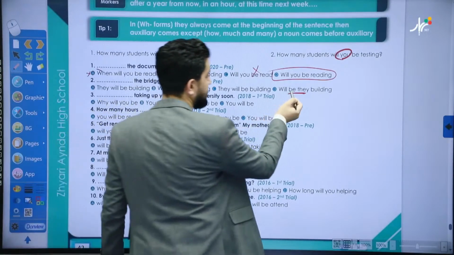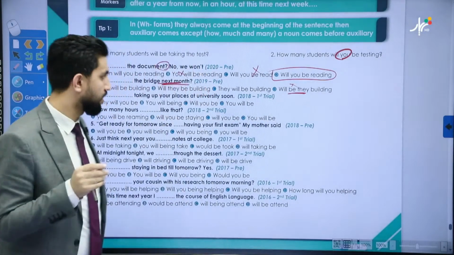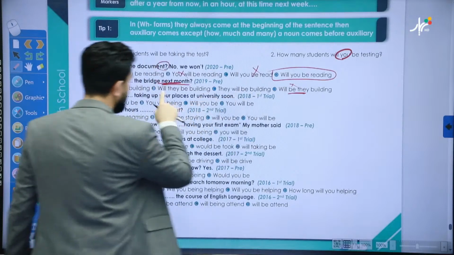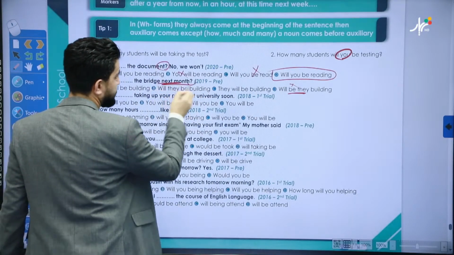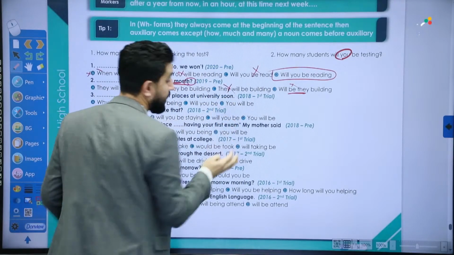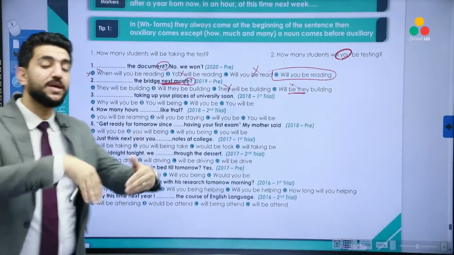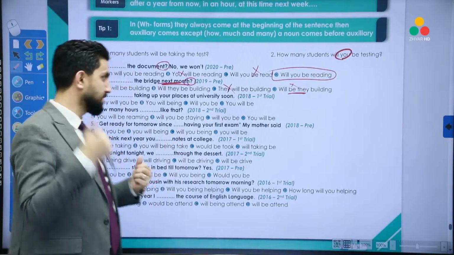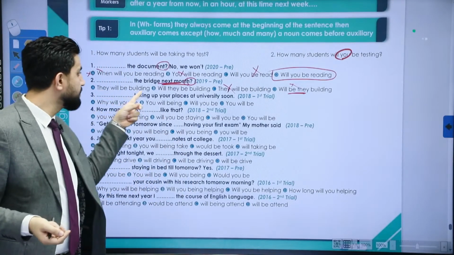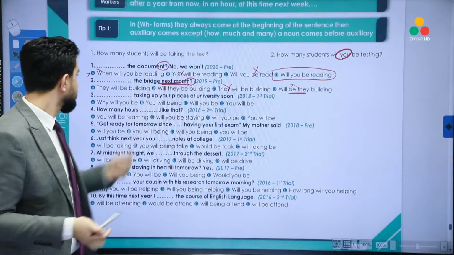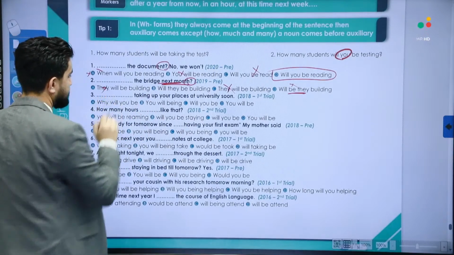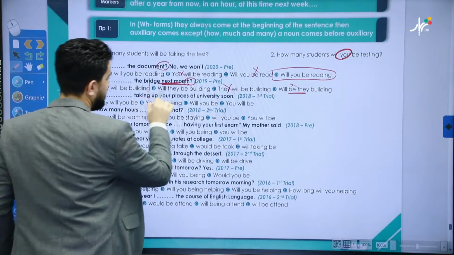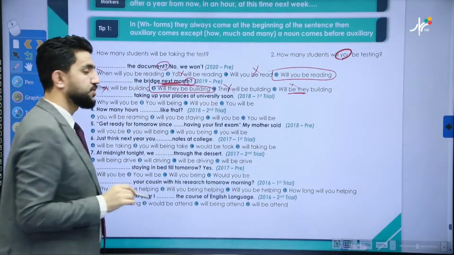So here it's wrong. Be careful. They will be building. Will they be building? Since it's a question, do we say they will be? No. We said when it's a question, will always comes to the beginning of the sentence. Perfect. So will they be building the bridge next month?